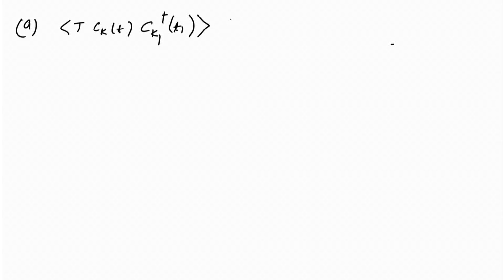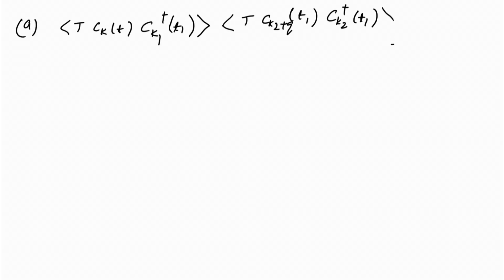And so, this one and then it is T of c_k2 plus q(t1), c_k2 dagger(t1), and a time ordered c_k1 minus q(t1) and c_k dagger(t prime), and these are the 3 combinations that I get.